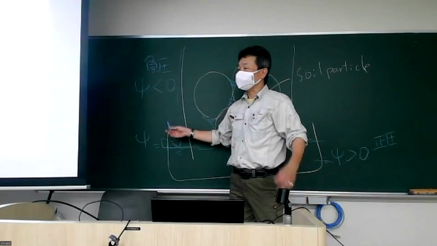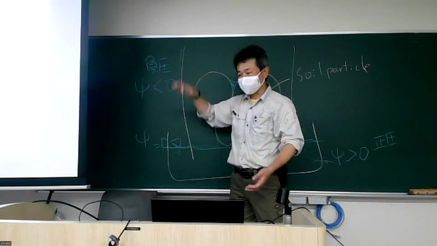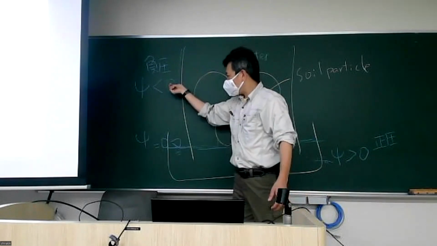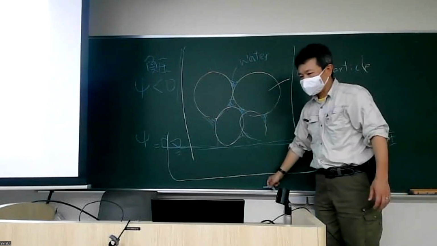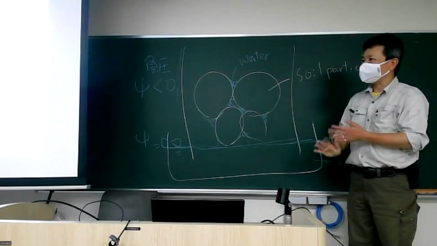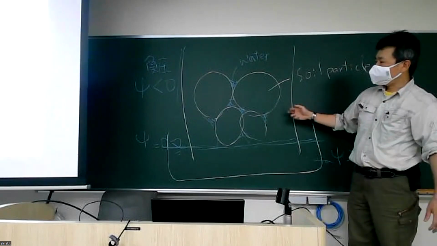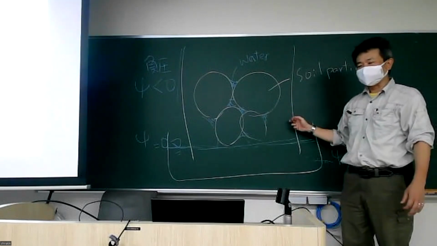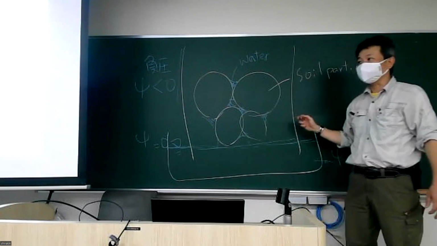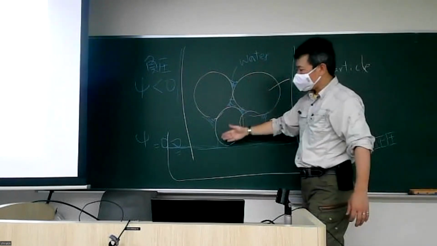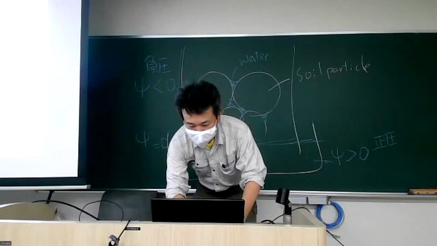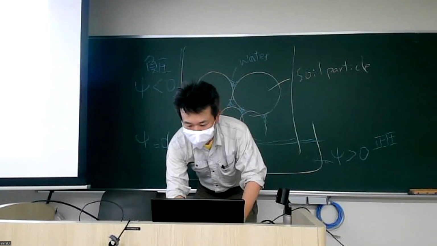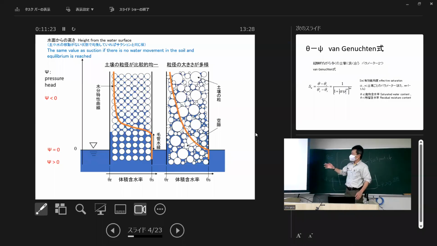That is equal to the atmospheric pressure. So zero, negative, positive. So negative pressure. And this is very basic, but very important. So, negative, zero, positive. Let's go back to this slide. Sharing. So we are back to this slide.